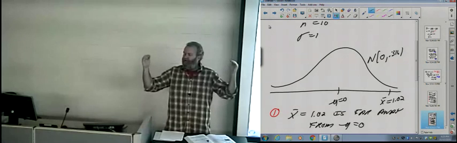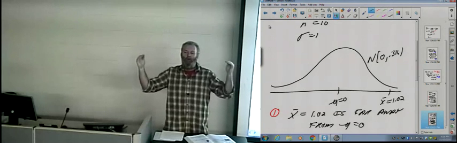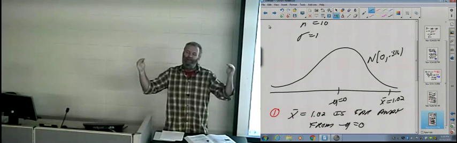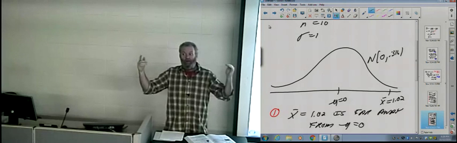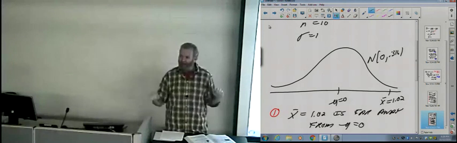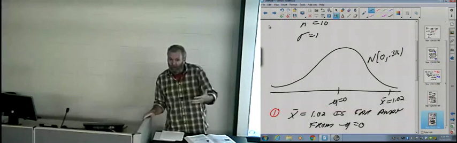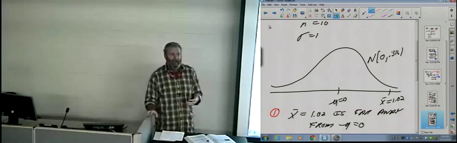Between 3 to the left and 3 to the right, 99.7% of all the samples will give you an X bar within 3 standard deviations of 0. 1.02 is not one of those 99.7%. It's one of the 0.3% that are on the outside. You understand that that's something that's unlikely to happen when its probability is less than 0.3%, right? That's very unlikely to happen by chance.